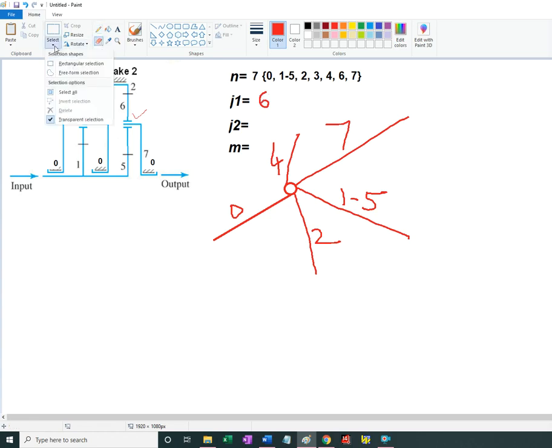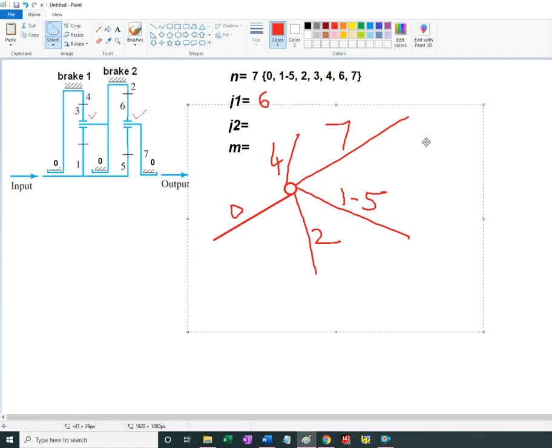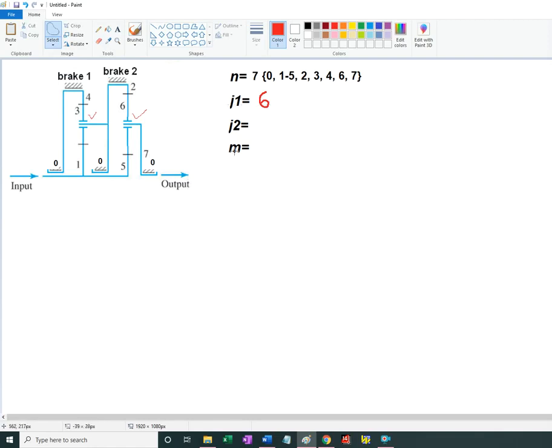Joints with 1 degree of freedom number 6. And then joints with 2 degrees of freedom, for every gear pair or gear meshing, I have 1 of those. So 1, 2, 3, and 4.